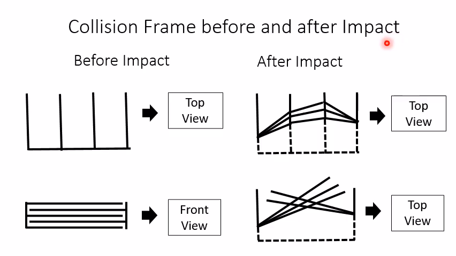Collision frame before and after impact. Before impact, top view, front view. This is before impact and this is after impact. So the object might be here, and the framework has collapsed, and it has taken the energy of the collision.